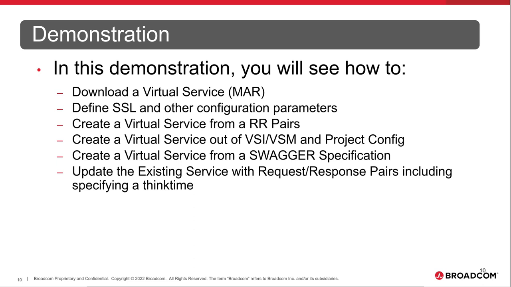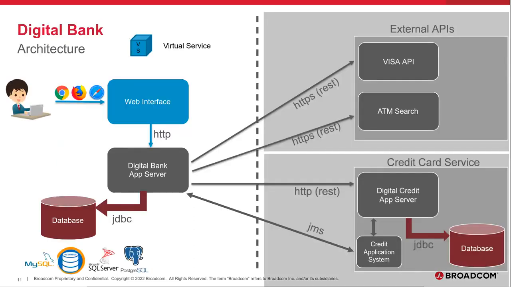If you have questions, please put them in the question panel, and one of my co-presenters will help me look at that because I'm going to be demonstrating. While I'm demonstrating, I'm going to use our digital bank demo application.